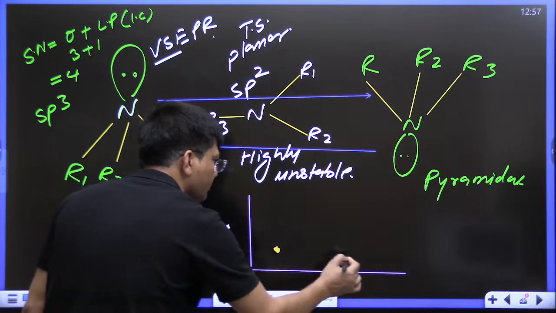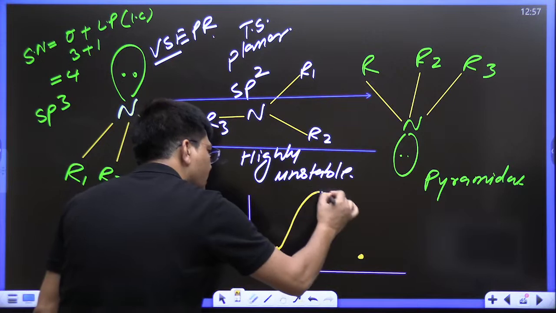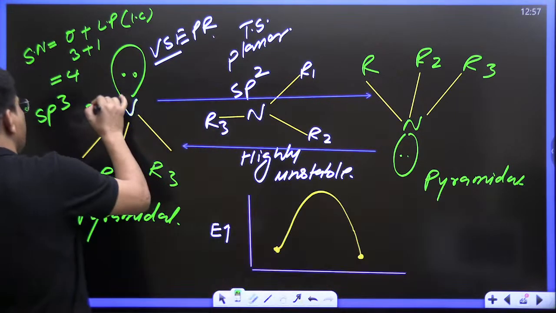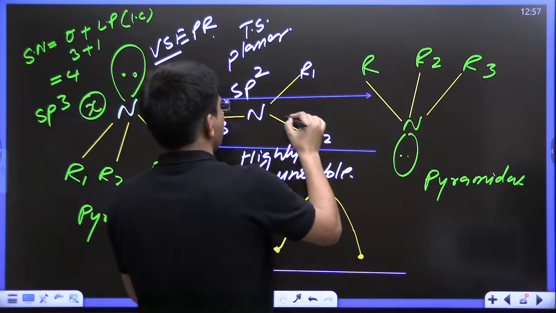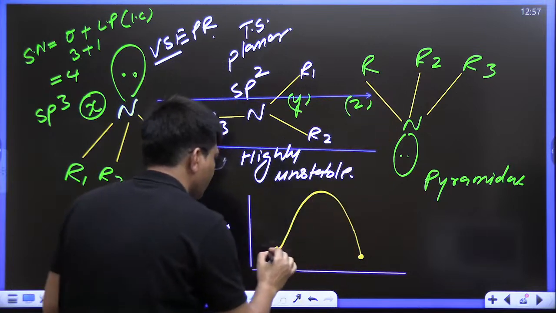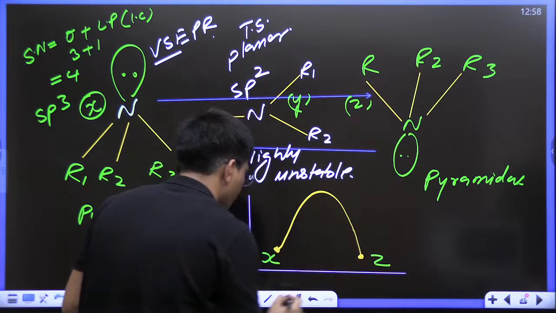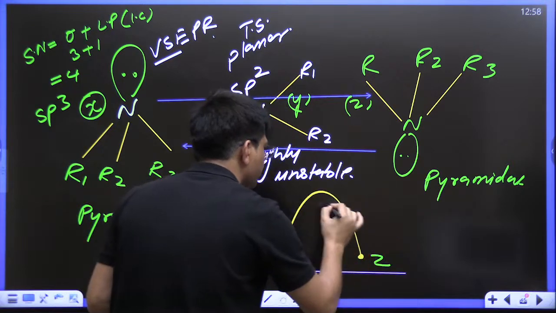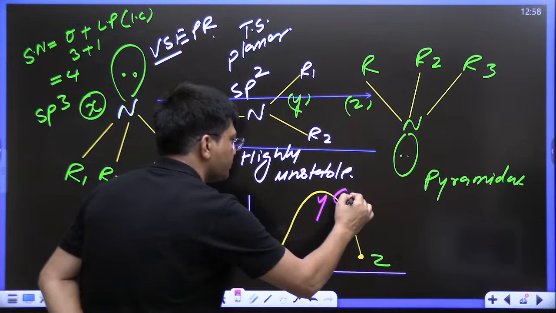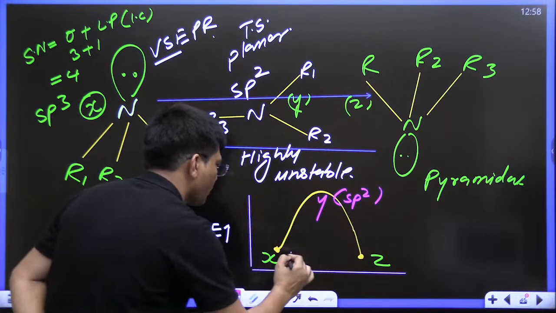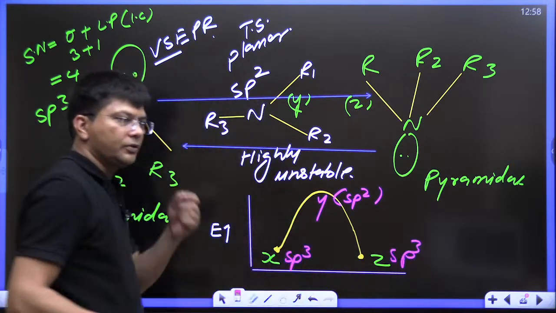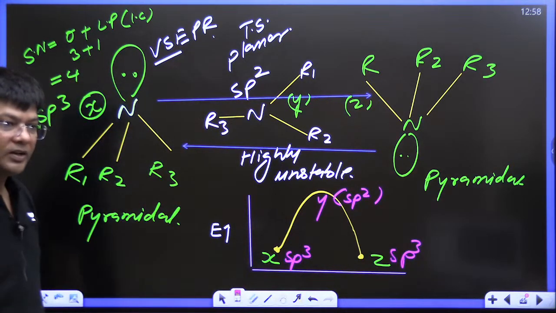This is the pyramidal form, and this is the pyramidal form. Let me say this is X, this is Y, and this is Z. X is converting into Z through the intermediate Y, and this Y has maximum energy. This is sp2 hybridized, and both of them are sp3 hybridized. So this is the path through which it has to move.